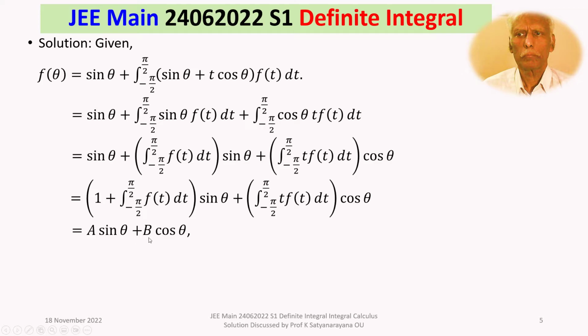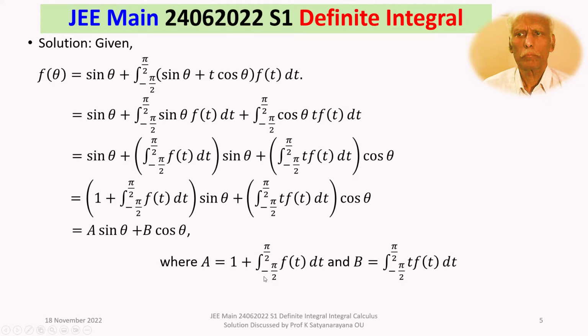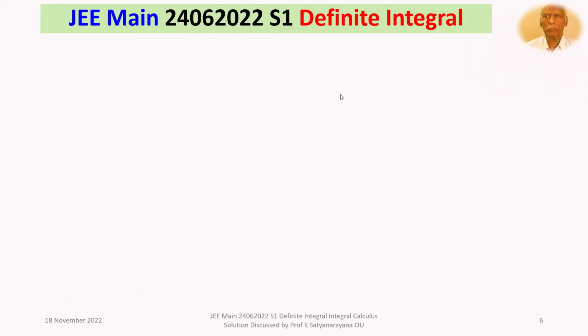So a sine theta plus b cos theta, where a is 1 plus integral minus pi by 2 to plus pi by 2 f of t dt, and capital B is equal to integral minus pi by 2 to plus pi by 2 t f t dt. And thus we have f of theta is equal to a sine theta plus b cos theta, where a and b as given above. We continue in the next slide.